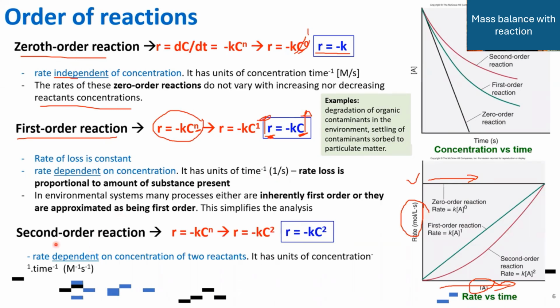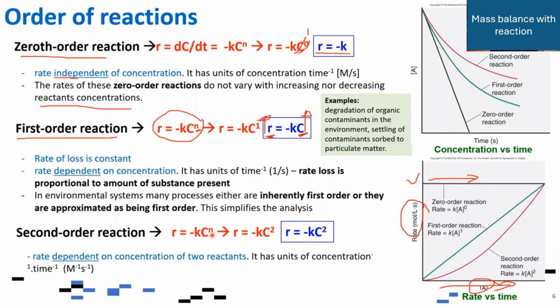Now, for the second order reaction, what does it mean? The second order reaction is also dependent on the concentration of the reactant. If you look at the equation here, the rate of reaction is equal to negative kC raised to the n, and n is 2, squared.